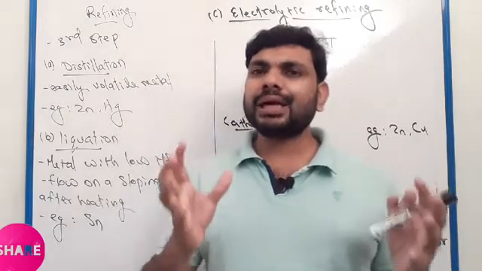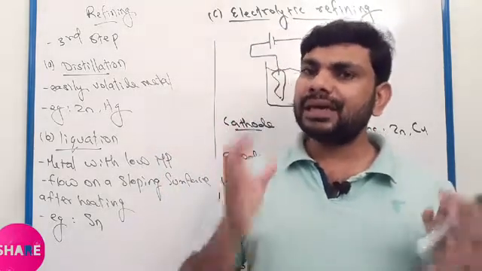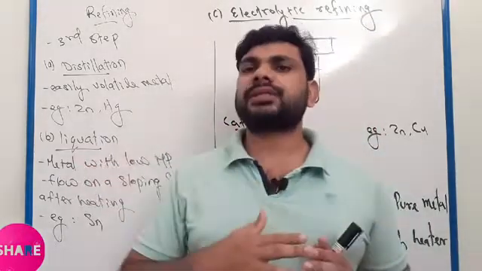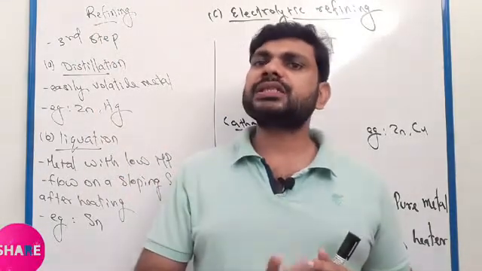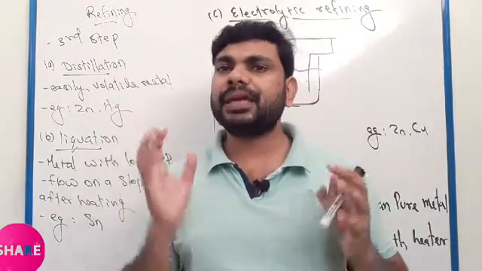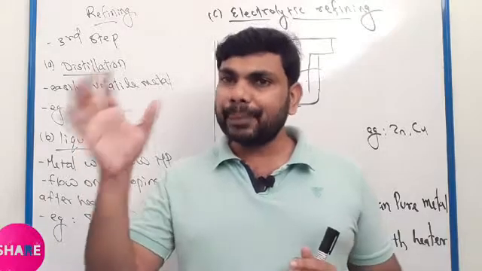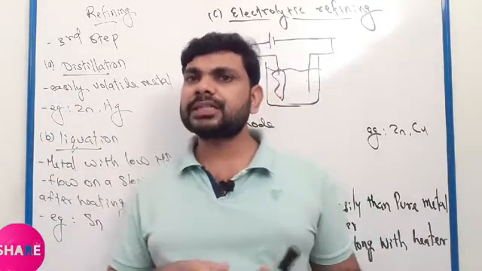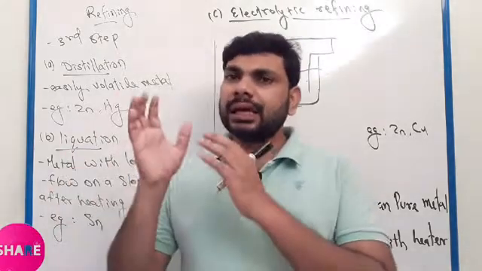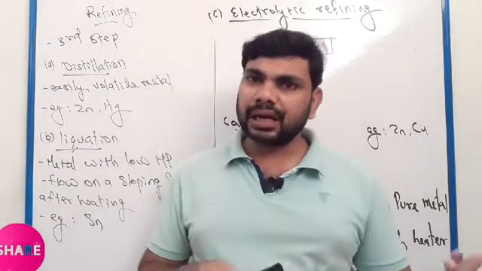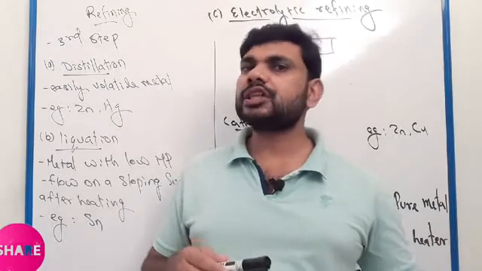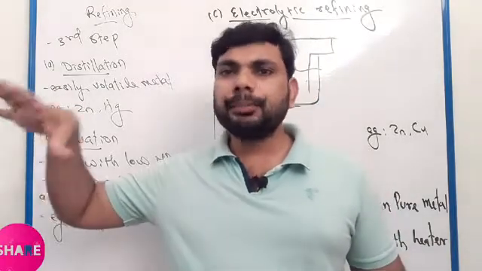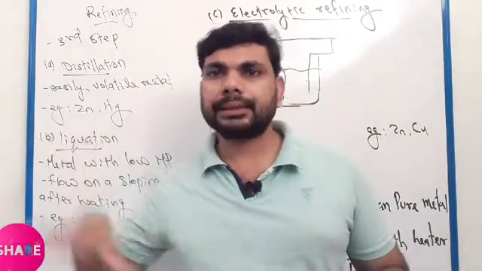Metal with impurity will be heated on a sloping surface. Metal will melt because it has a low melting point, and this liquid metal will be collected at the down part of the sloping surface, but impurities will stay back.